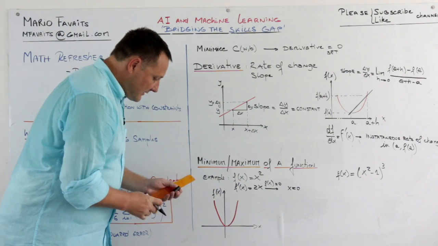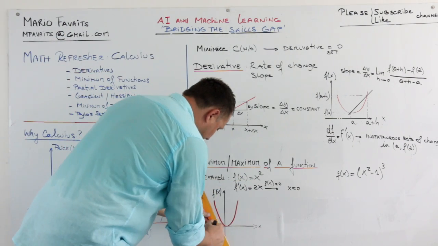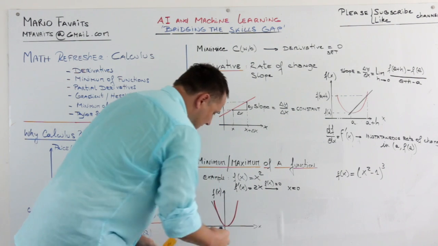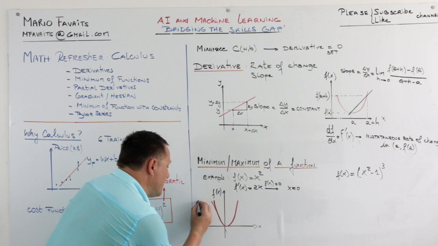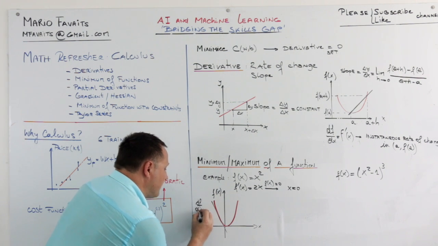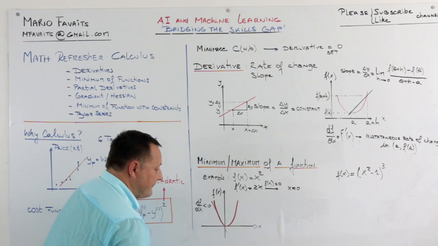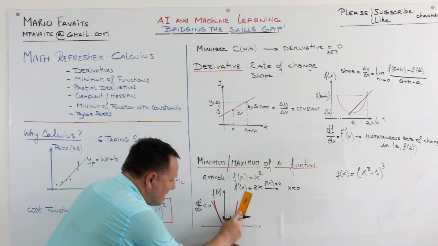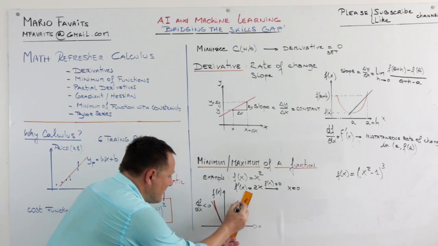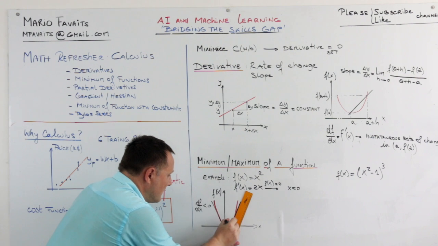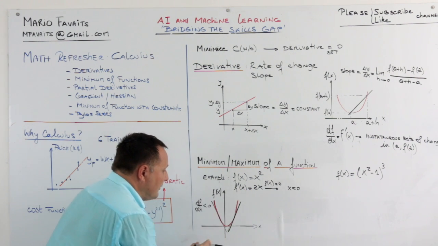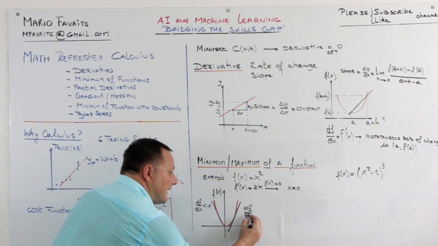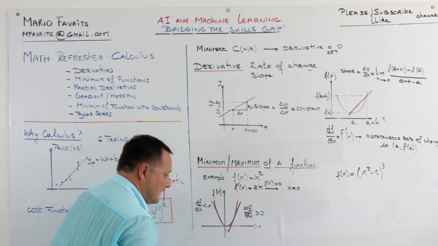But if you take a look at the graph, you see that on this side the slope is negative, so df over dx is negative. When you look at the other side, the slope is positive, df over dx is positive.